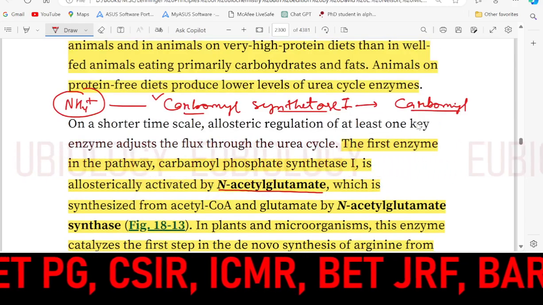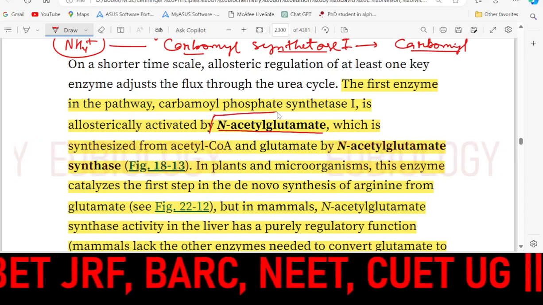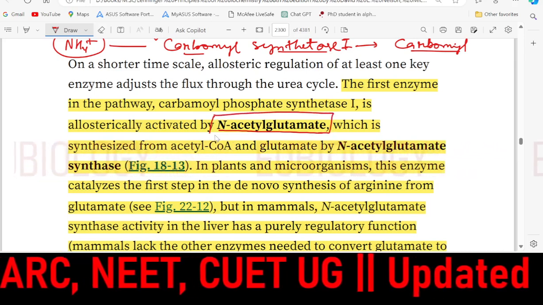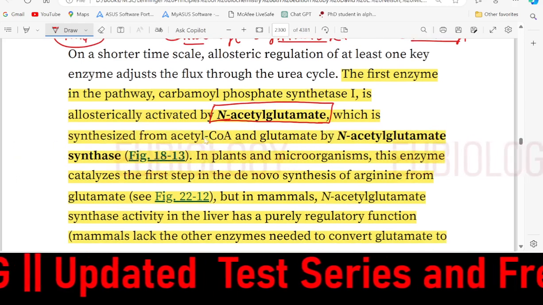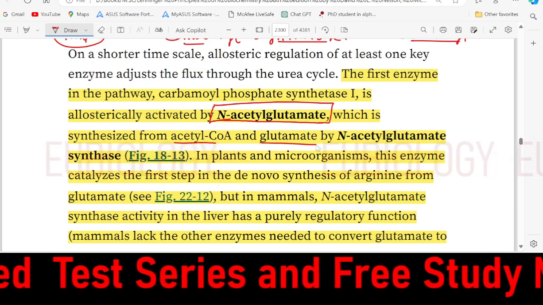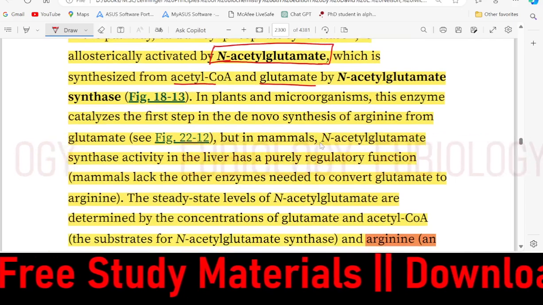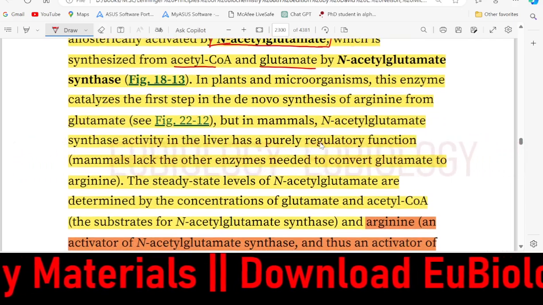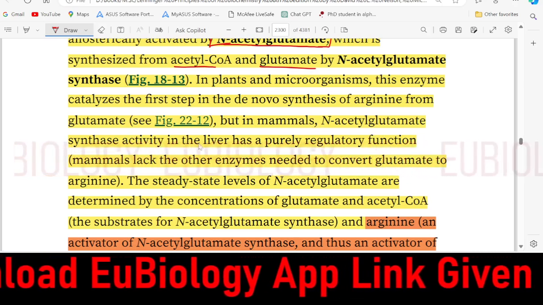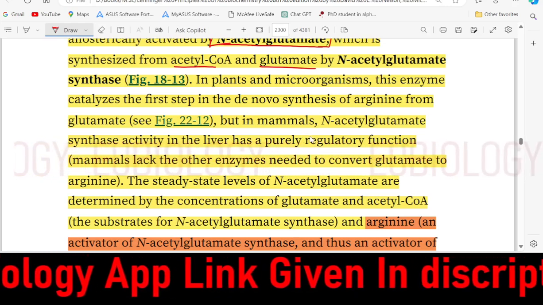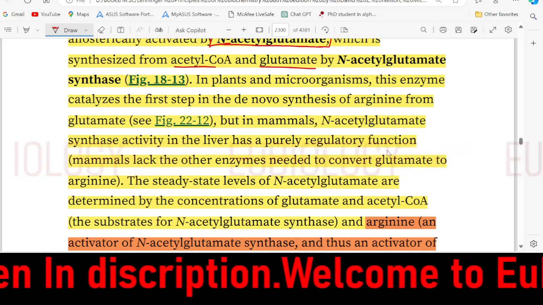This is the important step. Now, from where is this N-acetyl glutamate formed? How can we form it? N-acetyl glutamate is formed from acetyl coenzyme A and glutamate. We are fortunate because in our case, the N-acetyl glutamate synthase activity in the liver has a purely regulatory function.